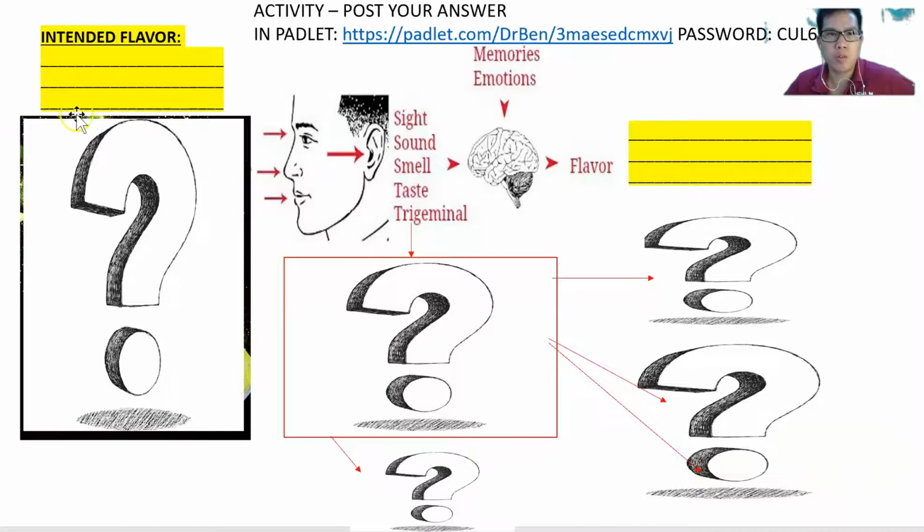So you come up with a product, and the intended flavor is this and this. What are the components inside that give you the sound, the sight, the smell, the taste, or the trigeminal perceptions, and give you the flavor?